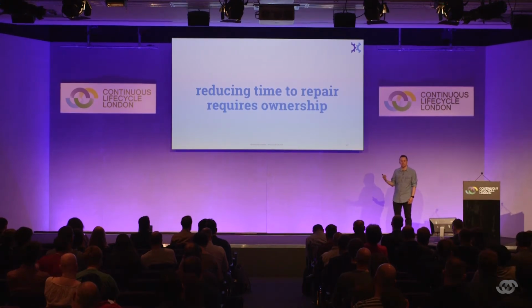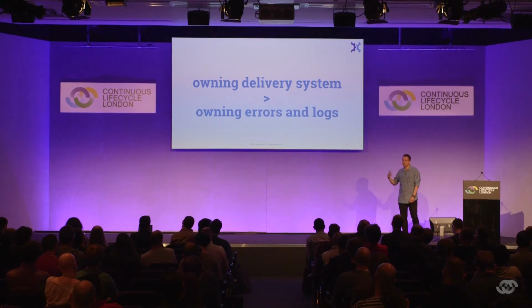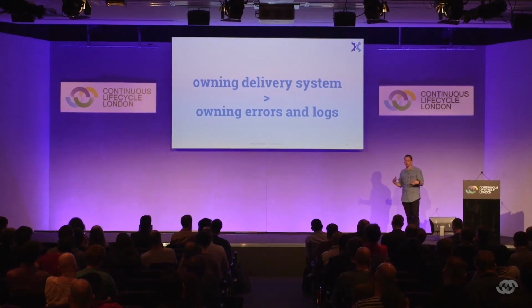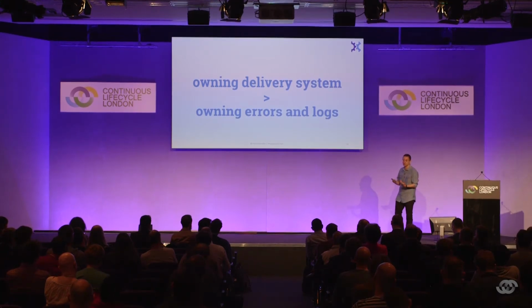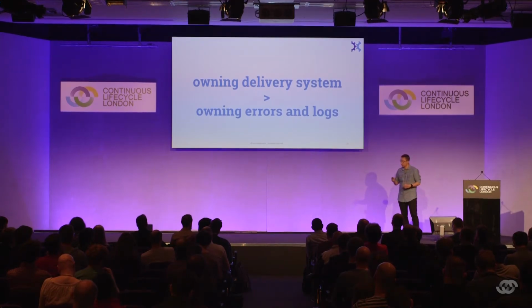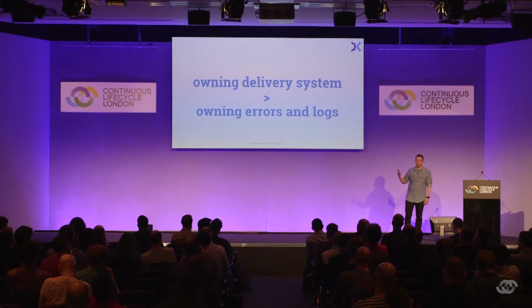We want to try to reduce the time it takes to diagnose problems in our delivery system. And for that, we need to have ownership in multiple senses. Not only owning the logs of the tools that we're using and understanding what's going on, and logging also the actions we're doing in our scripts as well, but also there has to be some ownership of the delivery system.